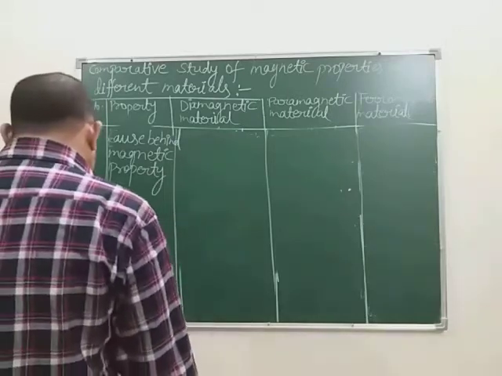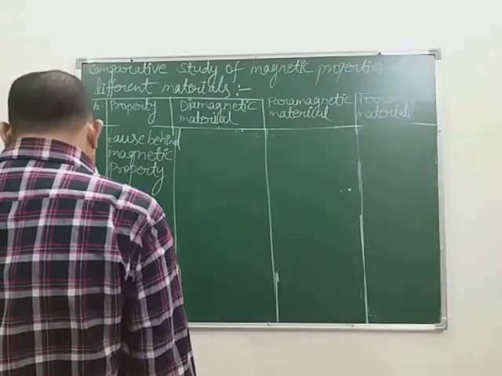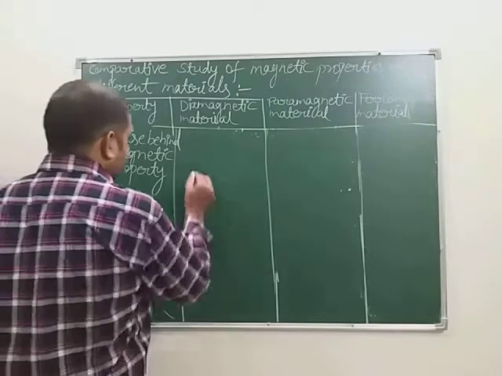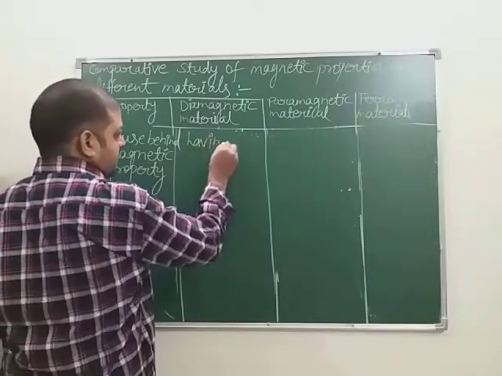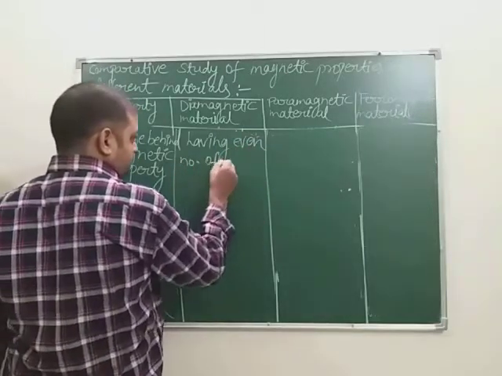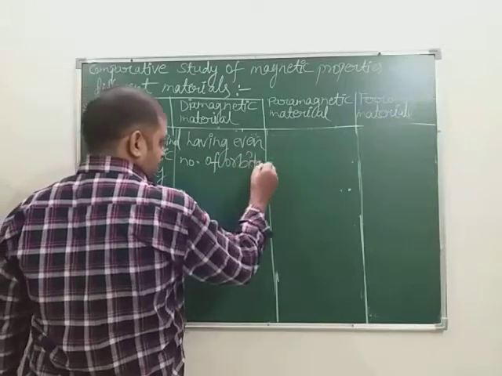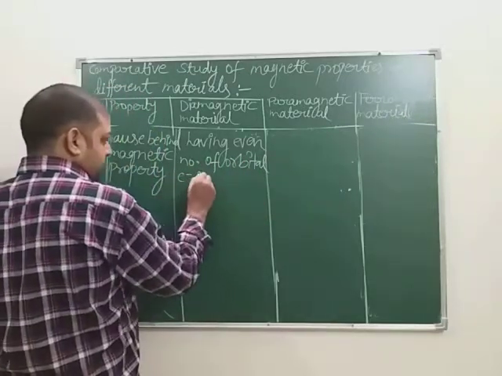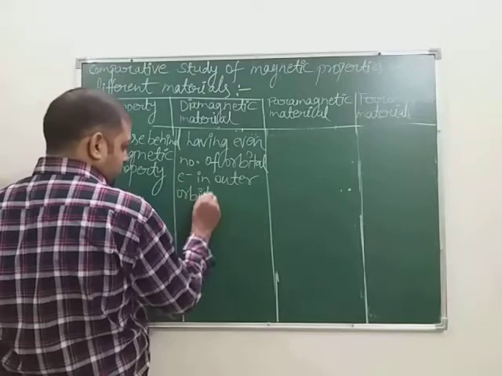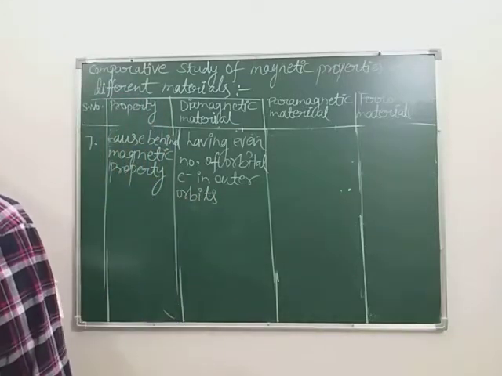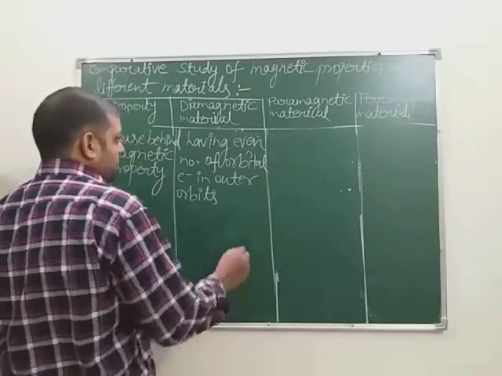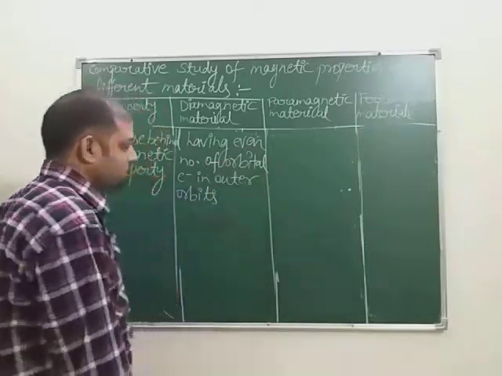For a diamagnetic substance, write: having an even number of orbital electrons in outer orbits.